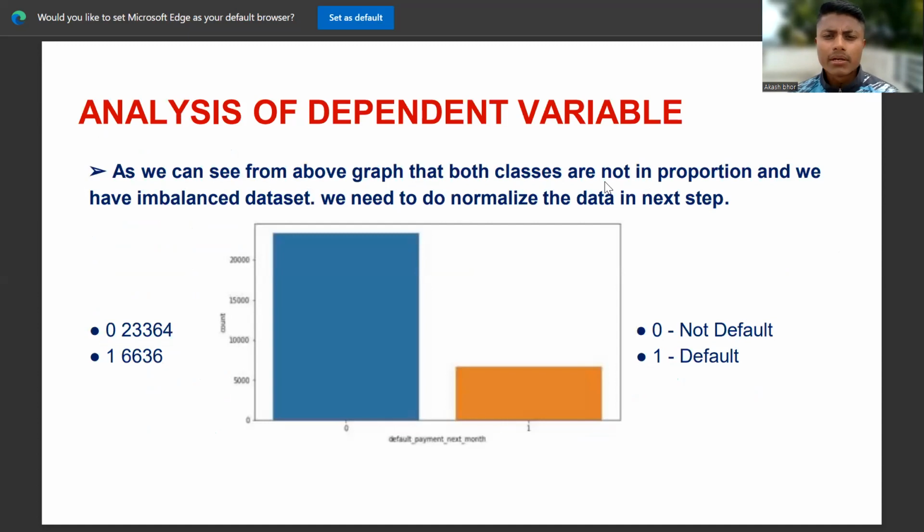Analysis of the dependent variable. As we can see from the above graph, both classes are not in proportion and we have an imbalanced dataset. We need to normalize the data in the next step.